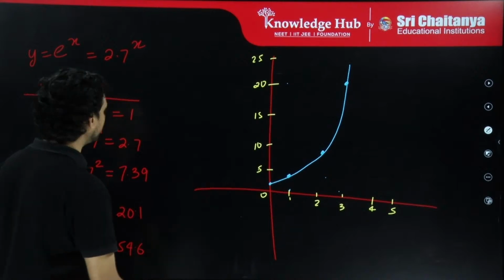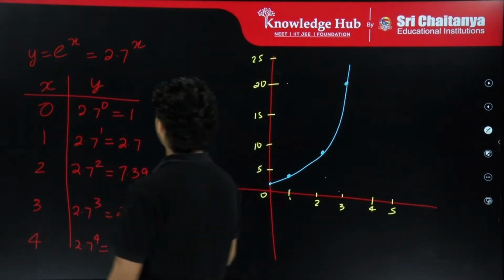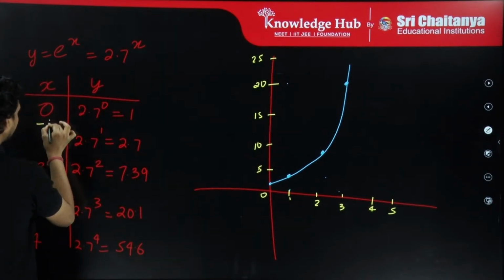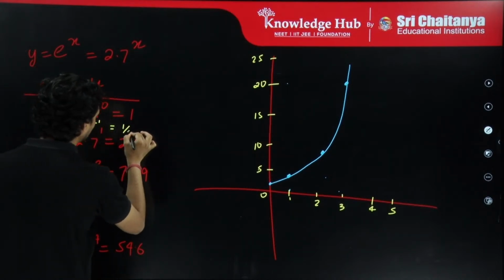And let's talk about the negative numbers. If I put x equals -1, what do I get? 2.7 raised to -1, that is 1 upon 2.7, which is less than 1, right?